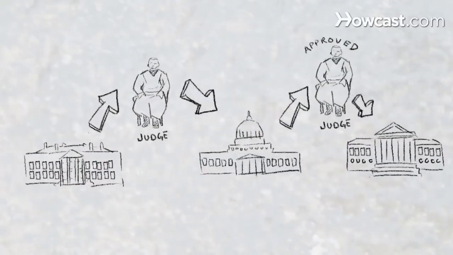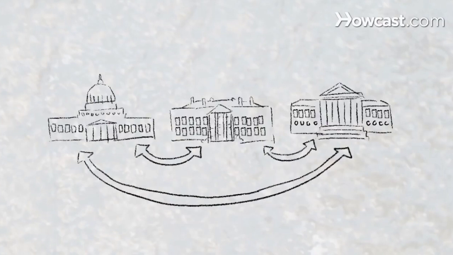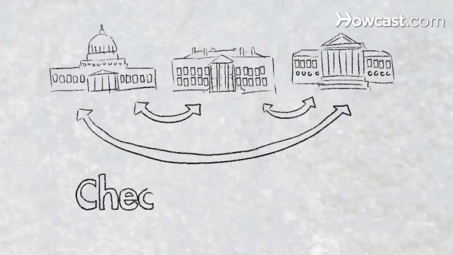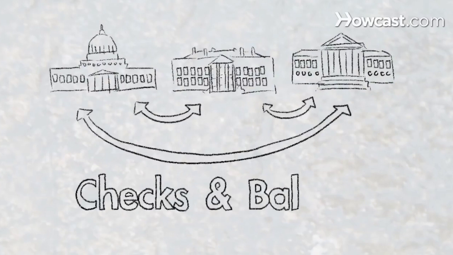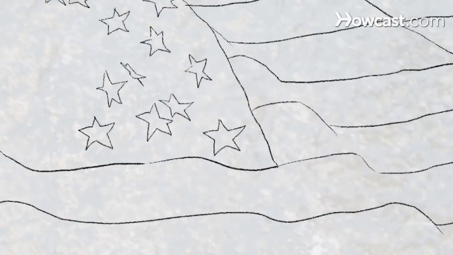The chief judge is constituted by the president but must be approved by the legislative branch. So these three branches help to see that there are checks and balances between one arm or one organ of government and another, in order not to abuse power.